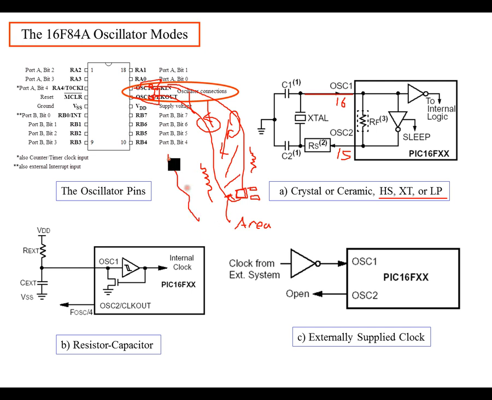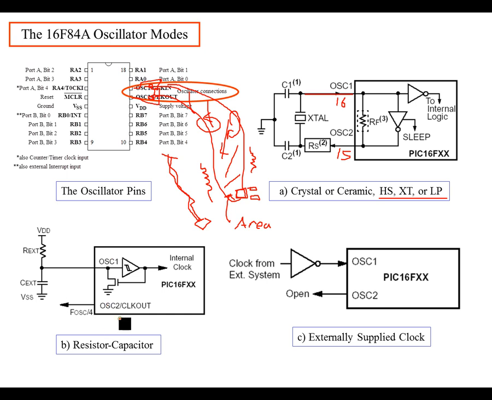Assuming that this is your filter, this is your crystal, and then this is your chip, you could twist those wires together. That would eliminate a lot of that inductance. So that would probably work if you have a situation where you're using a solderless breadboard or something where you're wiring to a crystal. So that's the best scenario there.